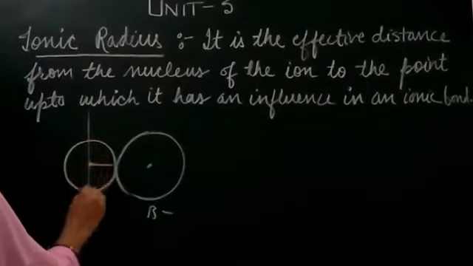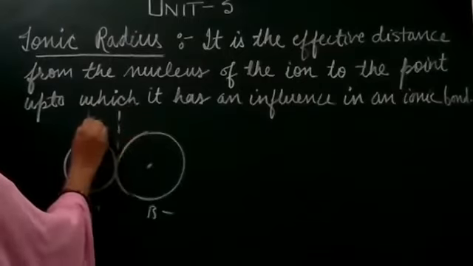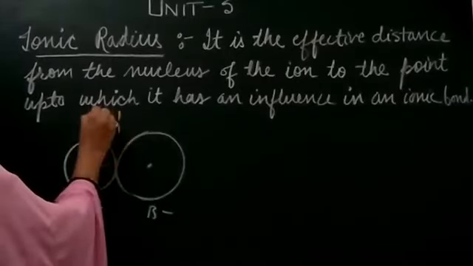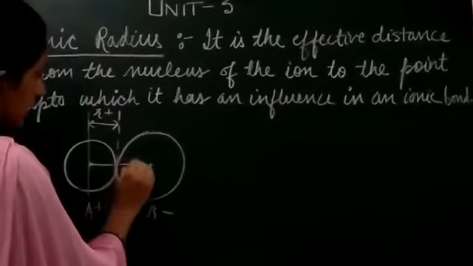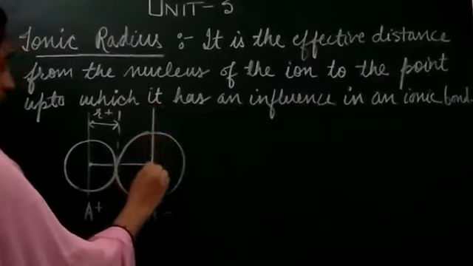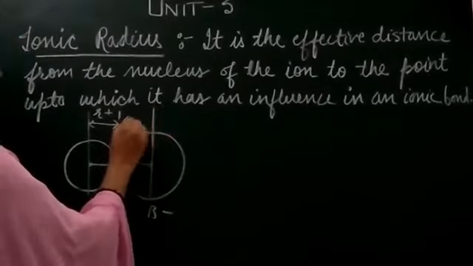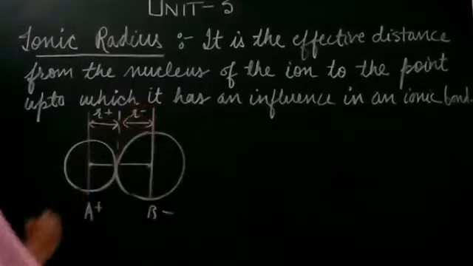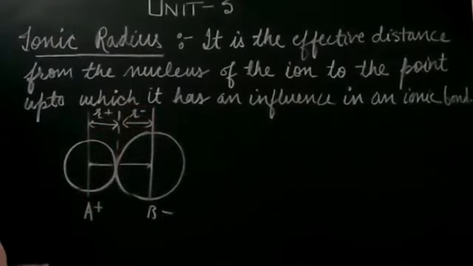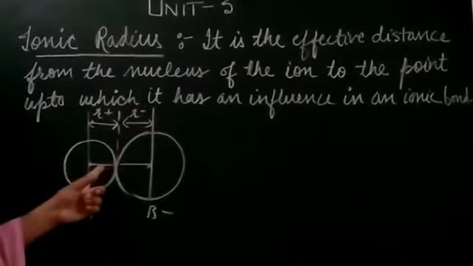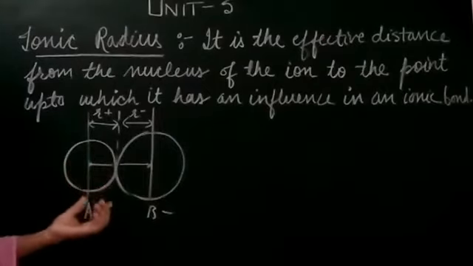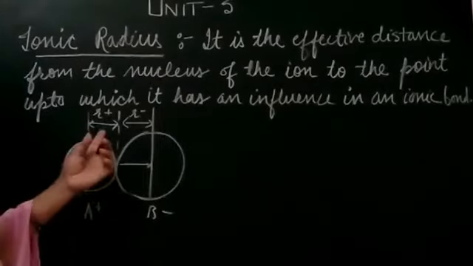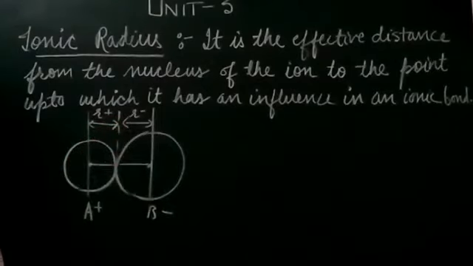So, this part will be known as the cationic radius. And similarly, this part will be known as the anionic radius, right students? And the sum of these two, R plus and R negative, is known as the interionic distance. So the interionic distance between this cation and anion is R plus plus R negative, right students?